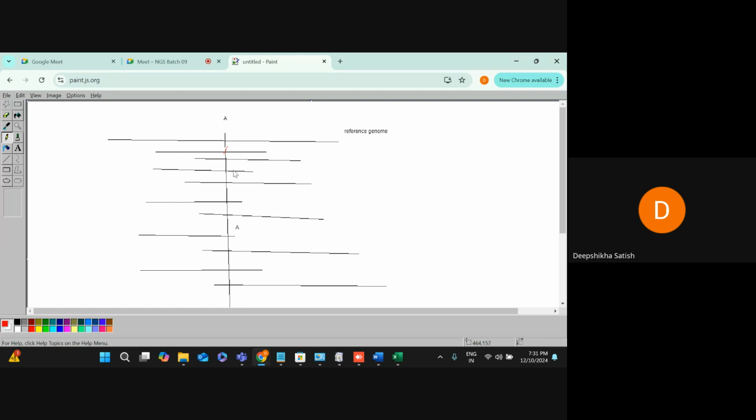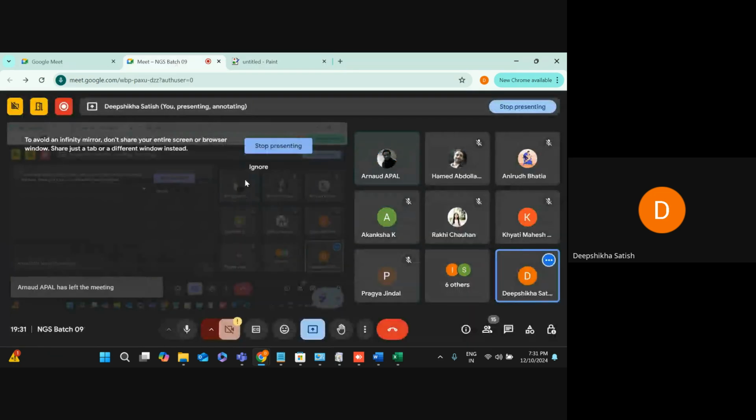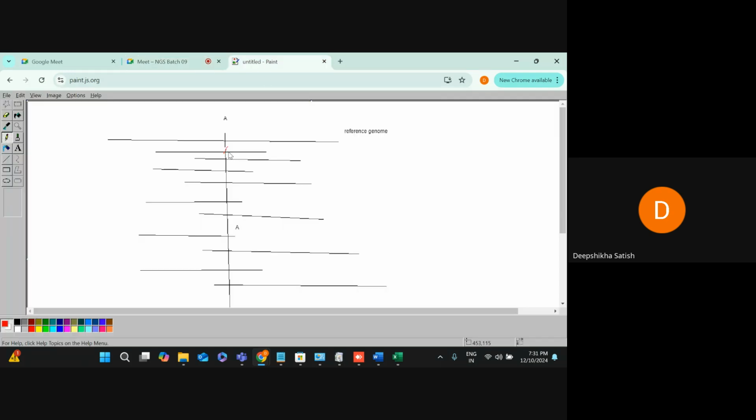How 6 times, Rakhi? See, there are total 10 times. Yeah, right, sir. So you can see there are total 10 reads here. And this one read, it is calling A here. Then 3, 4, 5, 6, 7, 8, 9, 10.